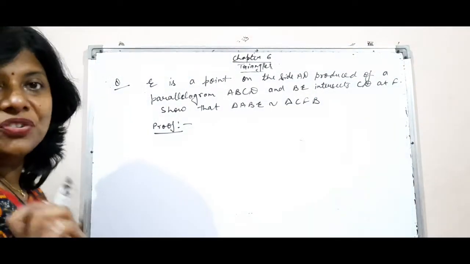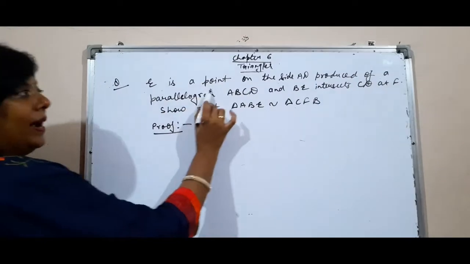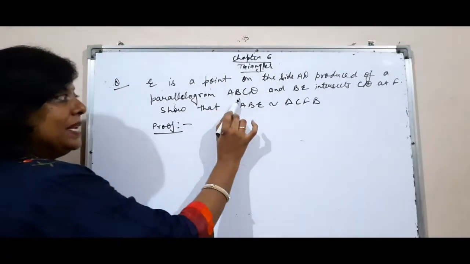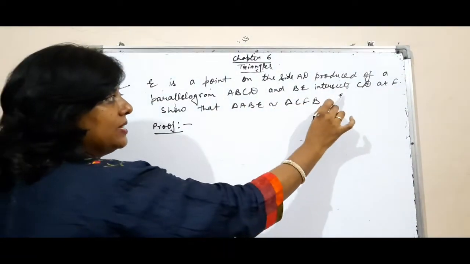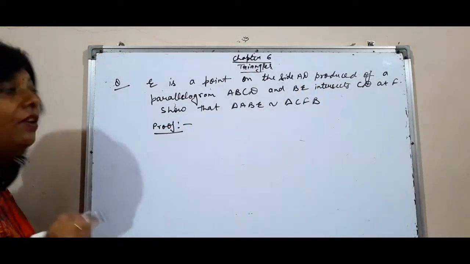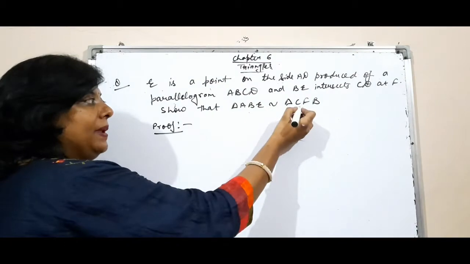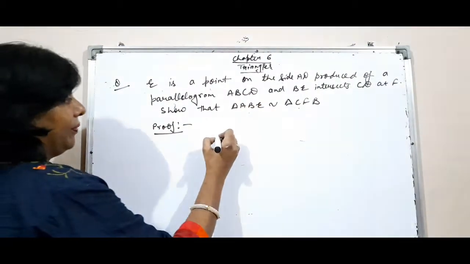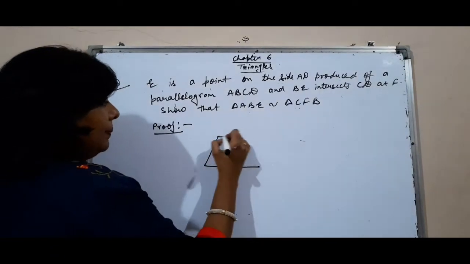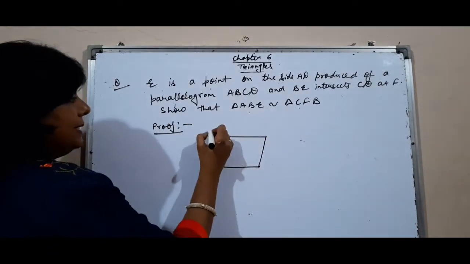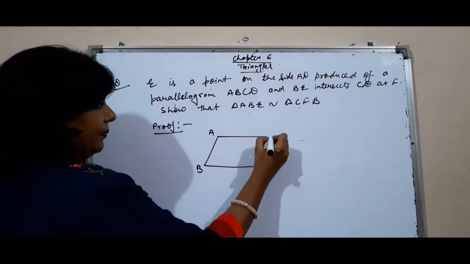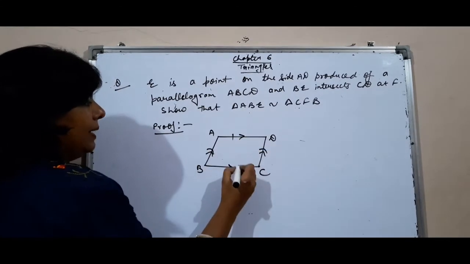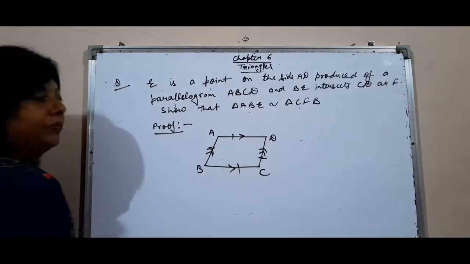Now the next question is, E is a point on the side AD produced of a parallelogram ABCD and BE intersects CD at F. Show that triangle ABE is similar to triangle CFB. It is a parallelogram ABCD. Parallelogram में opposite sides are equal and parallel. Okay.